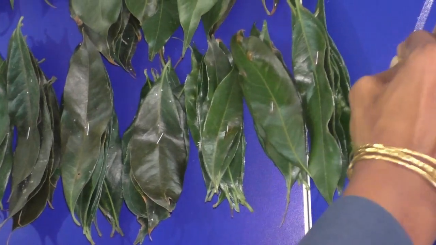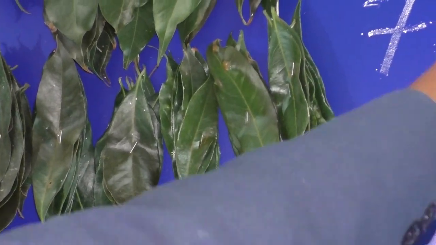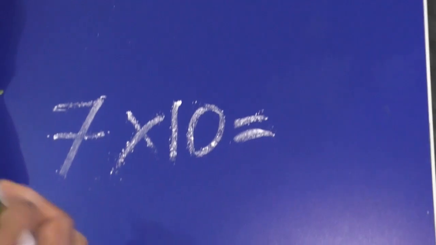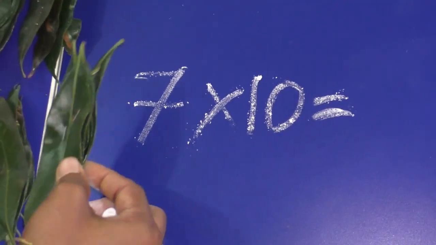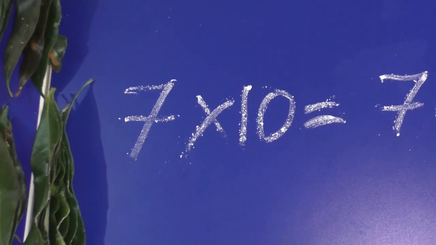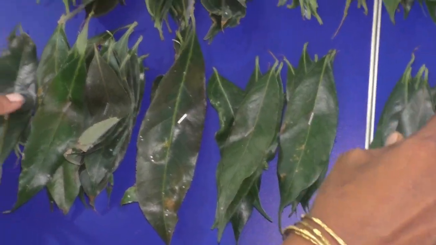So we write 7 groups, 10 in each group. So 6 into 10 was 60. One more set added, 70.